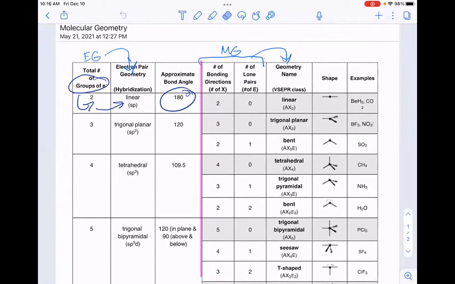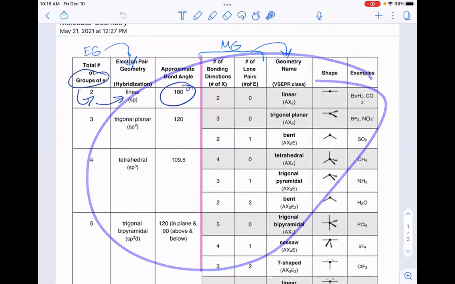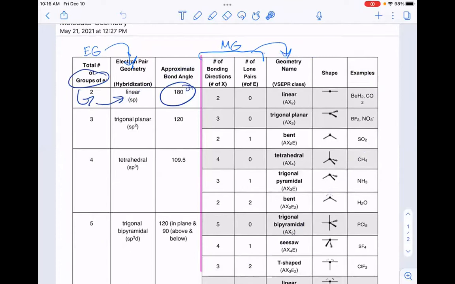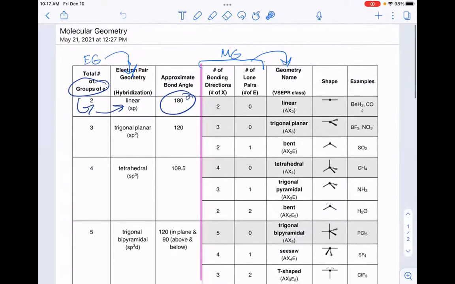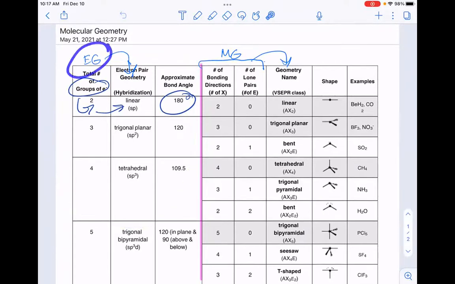Actually, let me go ahead and erase. Well, no, I'm not going to erase it. So just imagine that this sheet is blank. When you print this page, or when you're using this page, I need you to put a line where you see the pink highlight. Anything to the left of this pink highlight refers to the electron geometry.